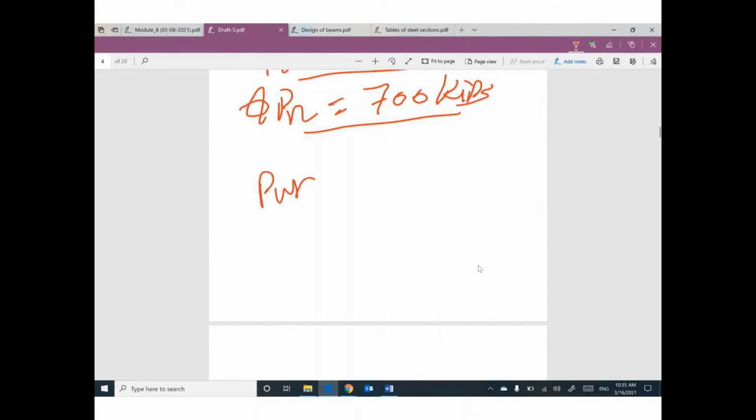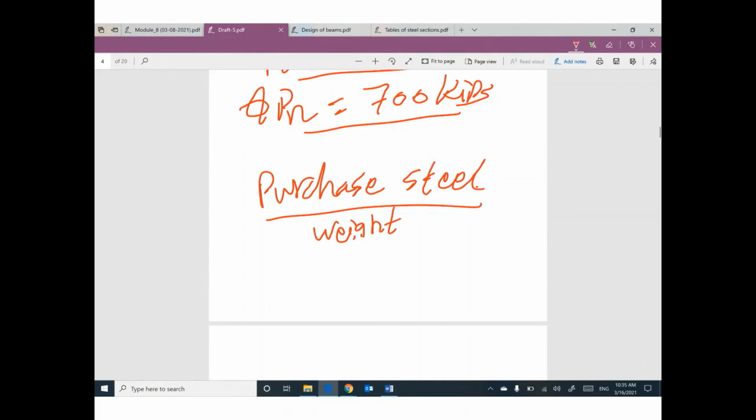Guys, does anybody know how we purchase steel? Steel is bought by weight. If you go to any producer to buy some steel, they will not say W20 times 50 has one price and W20 times 70 has a different price.